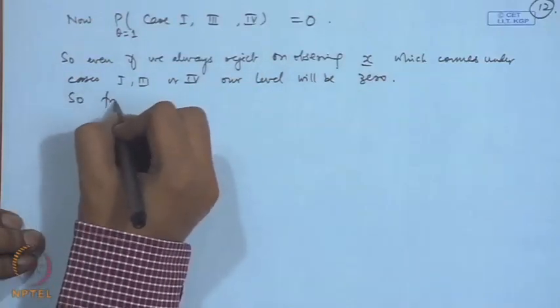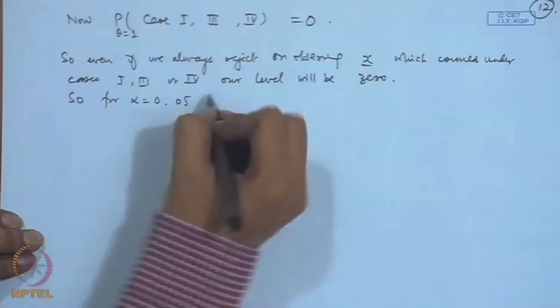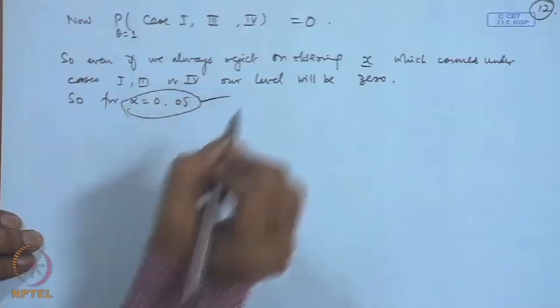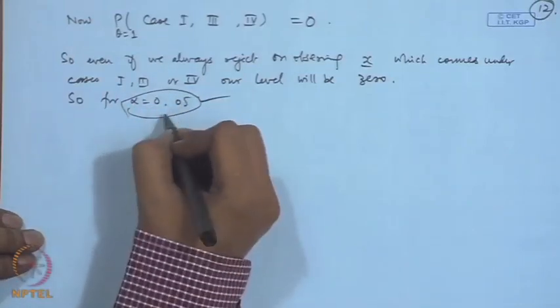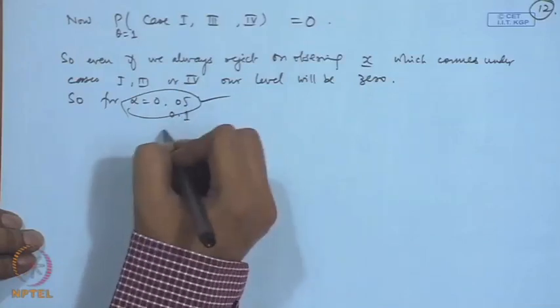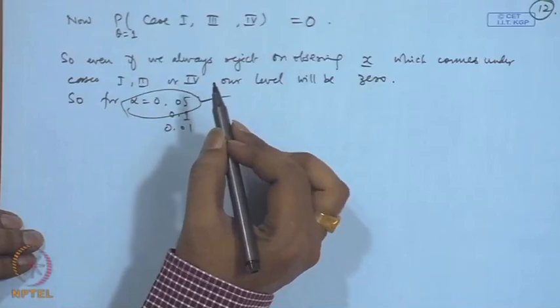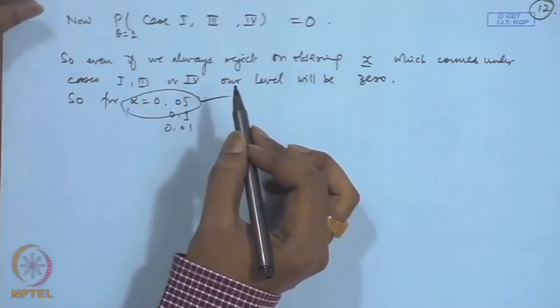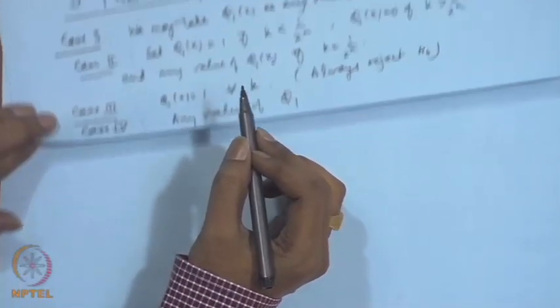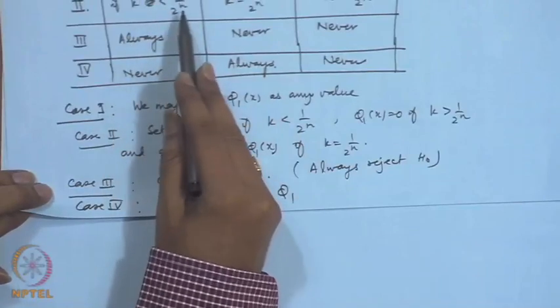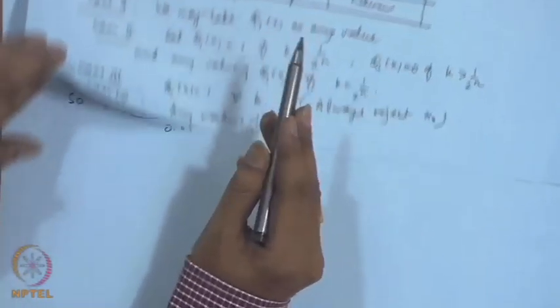So, for alpha equal to 0.05 etcetera, some given value of alpha, or say 0.01 or 0.1 etcetera, what we should do? We should make the probability of rejection in case 2 to be possible.